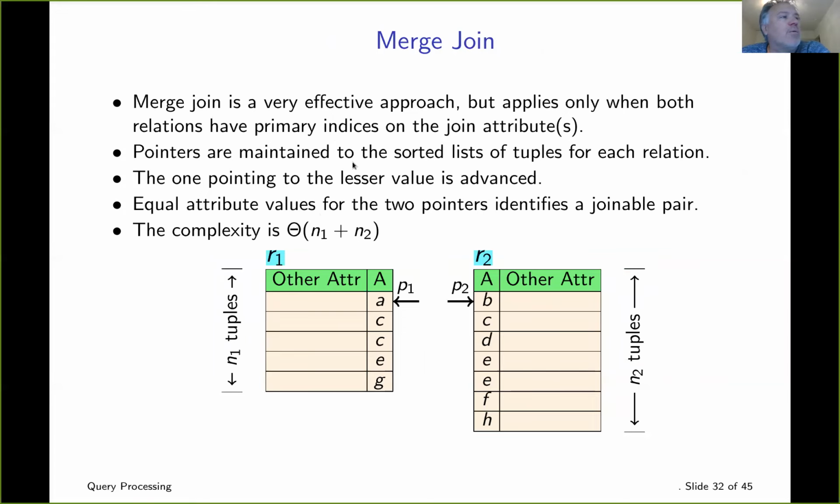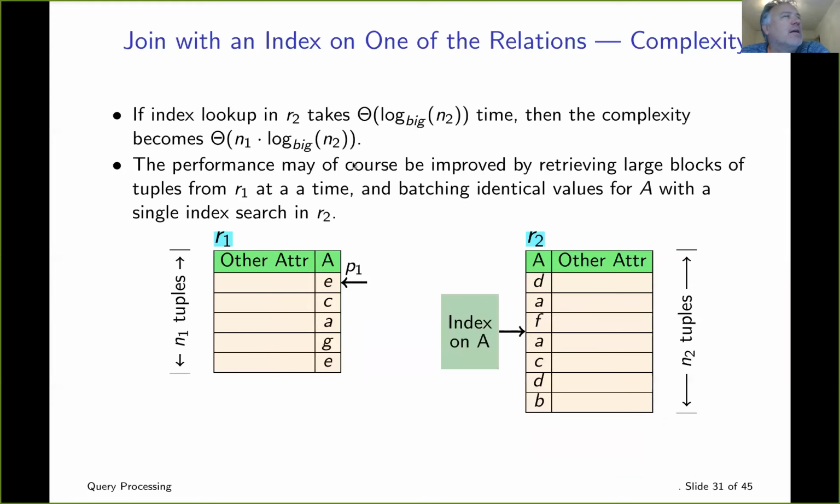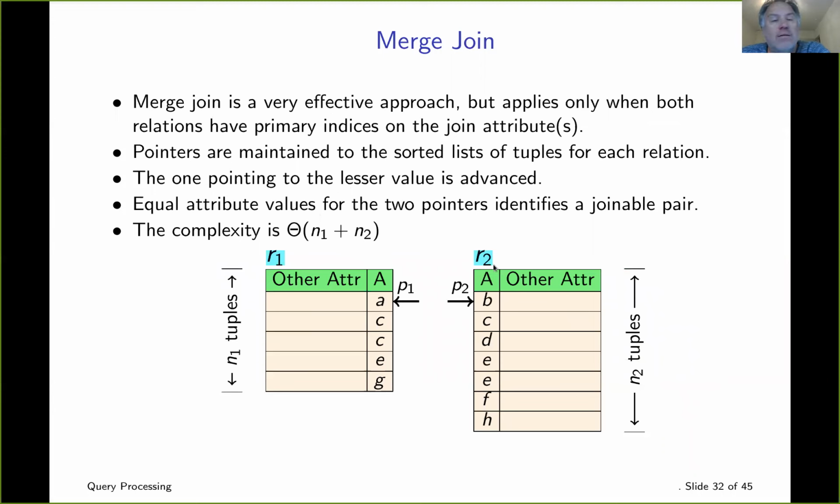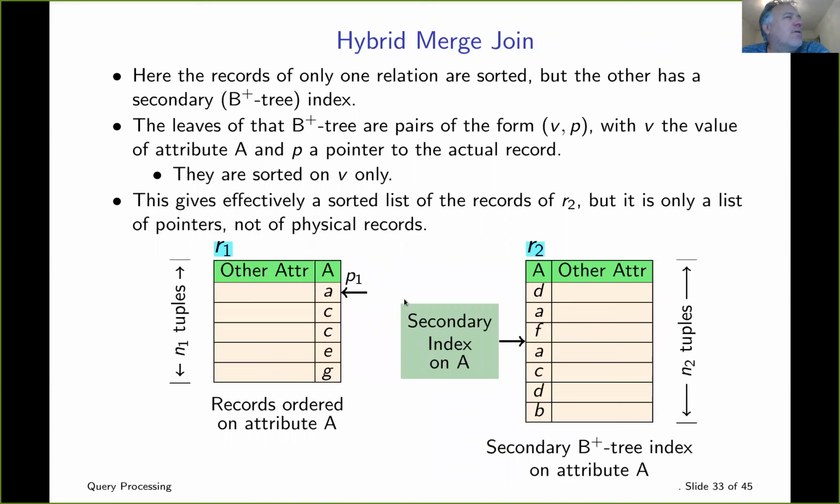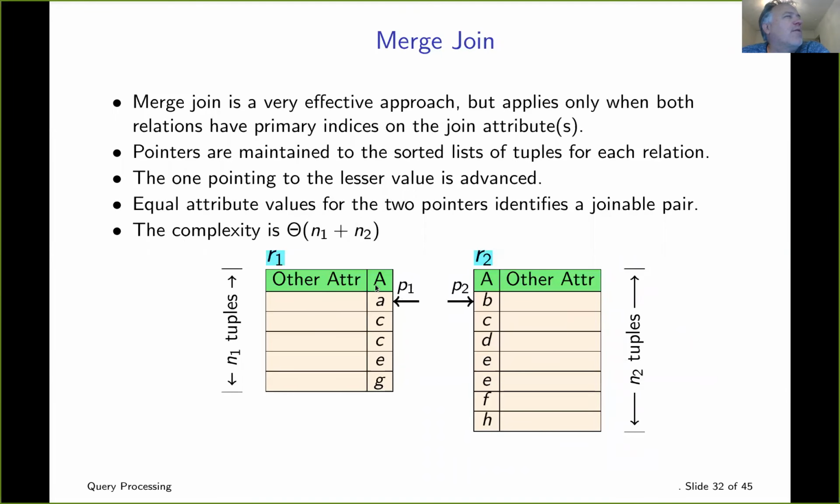All right, then you have a case where you could do even better. This is still multiplying by something. In a merge join, we have primary key indexes on both A, in this table and that table.